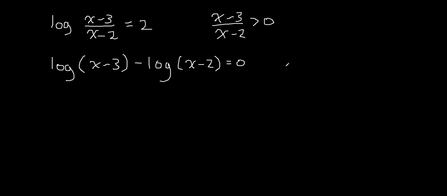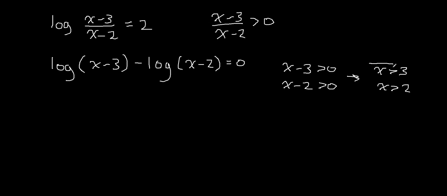And for the second equation you get x minus 3 is greater than 0, or x minus 2 must be greater than 0, which leads to x is greater than 3 and x is greater than 2. In this case, you take the more limiting restriction, so x is greater than 3.